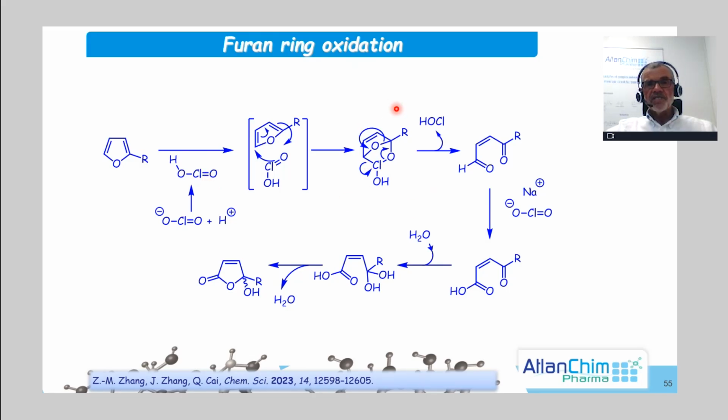The latter intermediate underwent rapid ring opening with liberation of hypochlorous acid to give this unsaturated keto aldehyde. Oxidation of the aldehyde here to the carboxylic acid with sodium chlorite provided this latter intermediate.